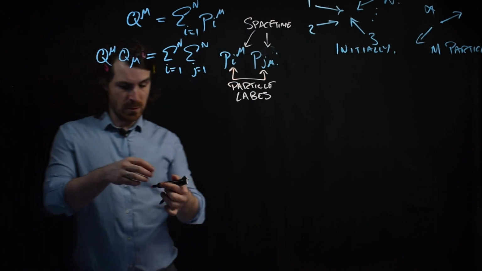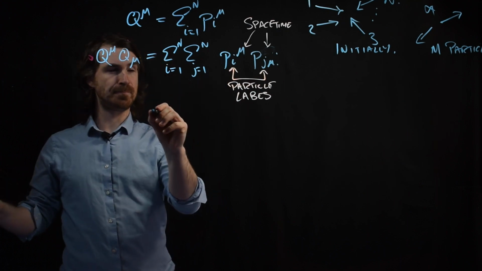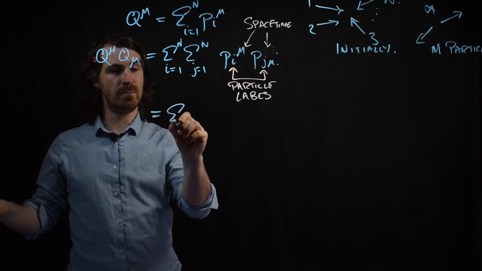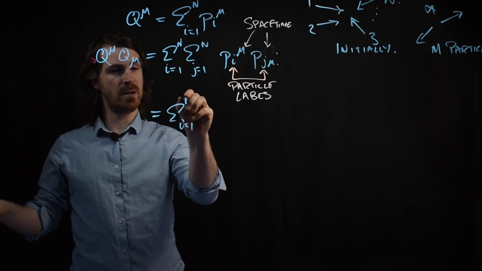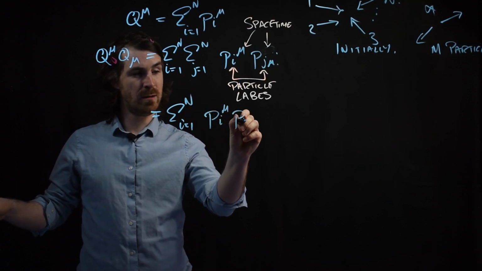So we can take out all the terms with i equals j. This is the sum from i equals 1 to n of p i mu p i mu.